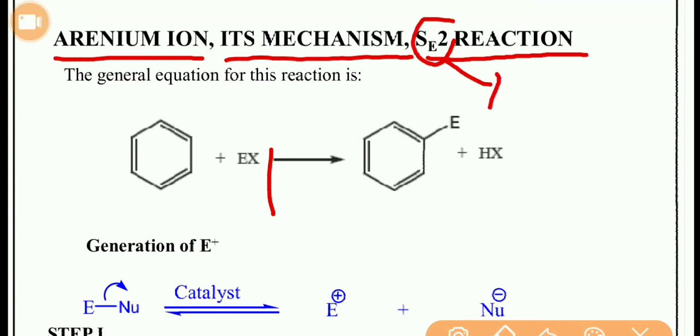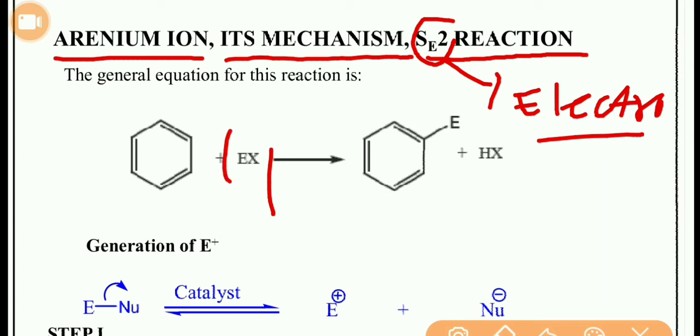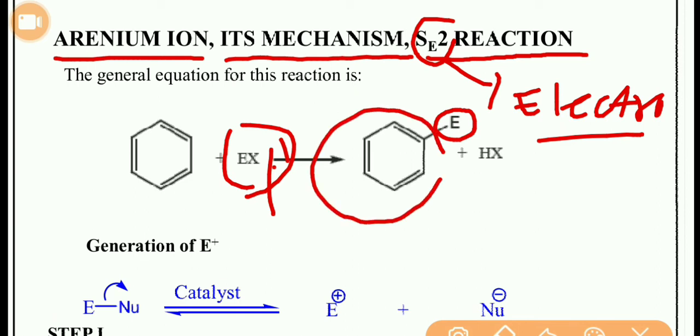It is called electrophilic substitution reaction. My stylus is not working properly. So these things will attack and this will form, and now it becomes aromatic once again. So this is called the product of this.